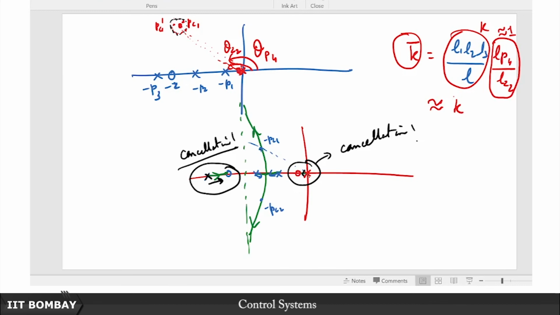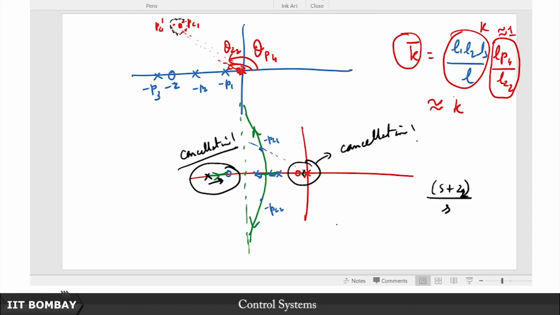The pole is of course fixed at the origin because it's a PI controller. So basically you have now designed this Ki by s, maybe you've just introduced a zero here. So this basically is something like s plus z2 upon s. So you've introduced a pole at the origin and a zero at z2.